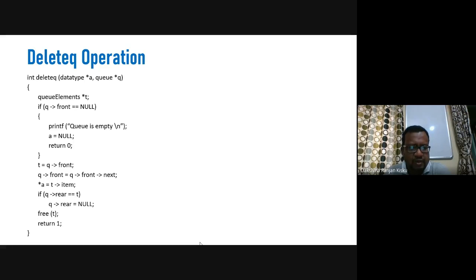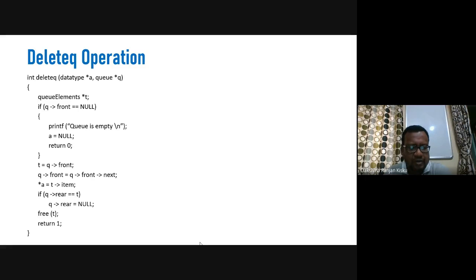Now if Q rear equals to T, that means if the Q rear is found to be T, that is the node which is to be deleted, then we will make Q rear equals to null.